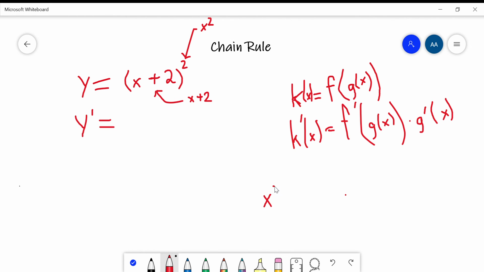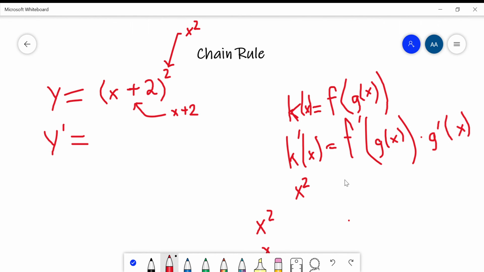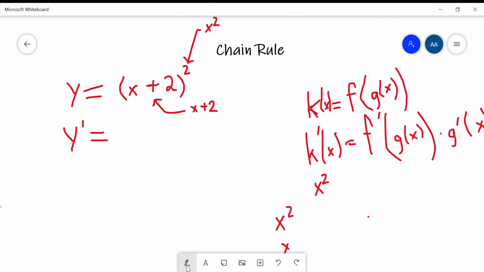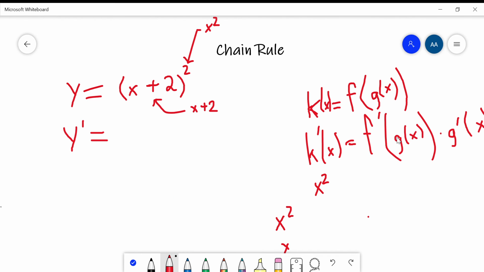You can kind of see that if we do it with a simpler example. Let's just say we have y is equal to x squared. What would be the outer and inner function for this? The outer function would be x squared. The inner function would be x. So we do f prime of g of x, and when we take f prime, we get 2x.